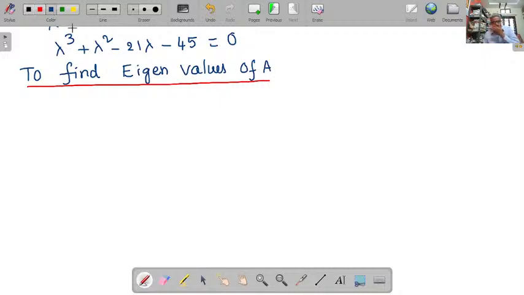So first let us follow the synthetic division method. Write down here 1, plus 1, minus 21 and minus 45. Because 45 is an odd number, it is not divisible by 2, but 4 plus 5 is 9, so it will be divisible by 3. So let us substitute negative 3 here first. Lambda is equal to negative 3.